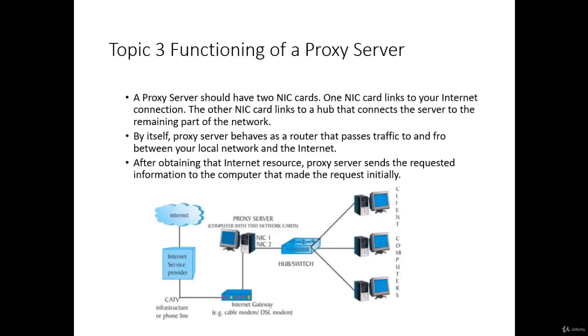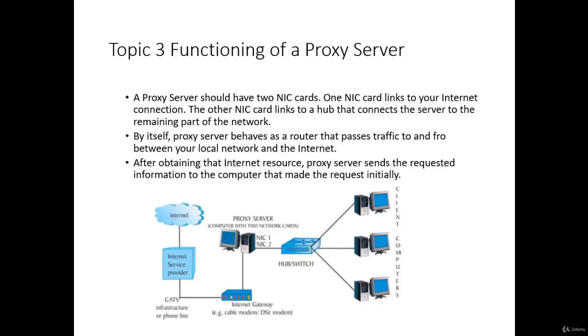Functioning of a proxy server. A proxy server should have two NIC cards. One NIC card links to your internet connection. The other NIC card links to a hub that connects the server to the remaining part of the network.